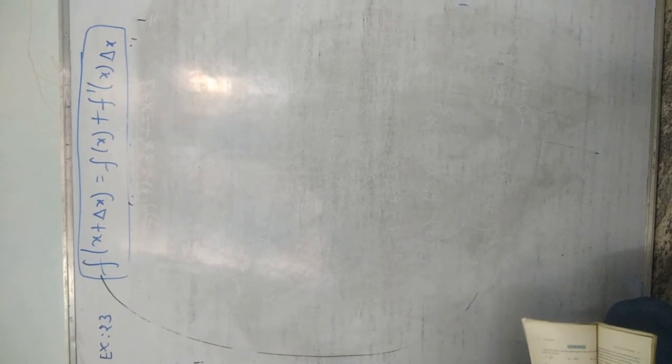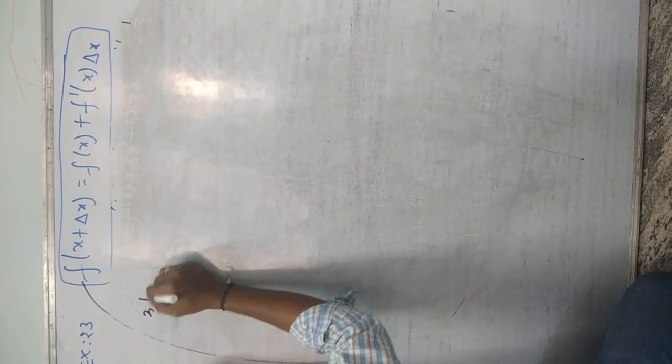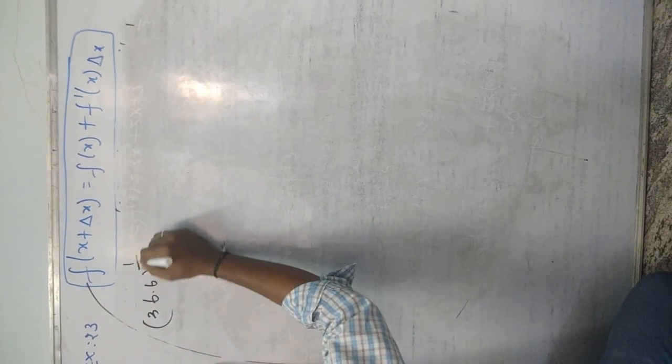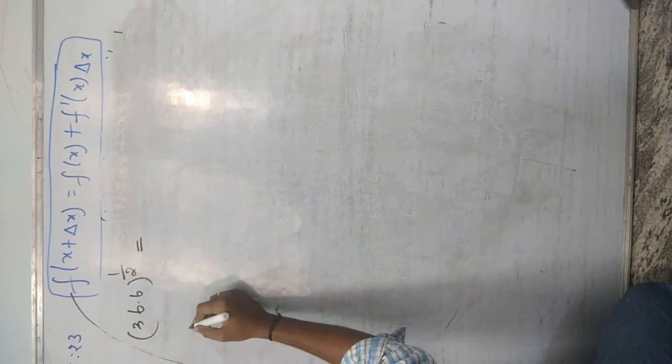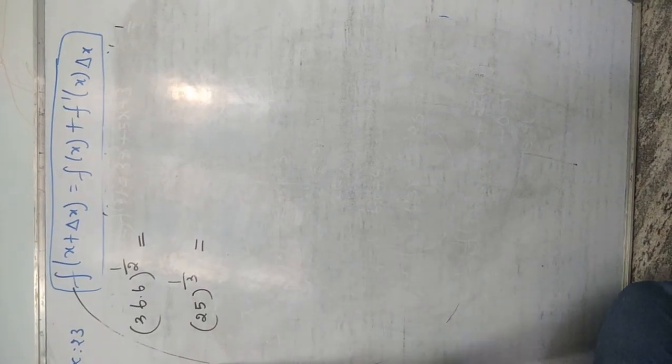So I will write all the sums one more time. Say in your mind how to find out. 36.6 power 1 by 2: x value and delta x. 25 power 1 by 3, x and delta x.